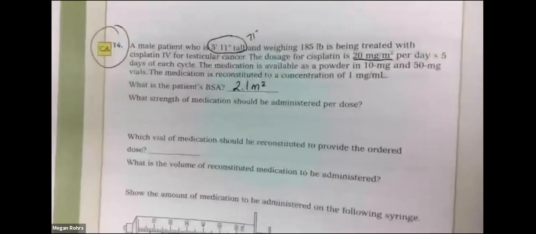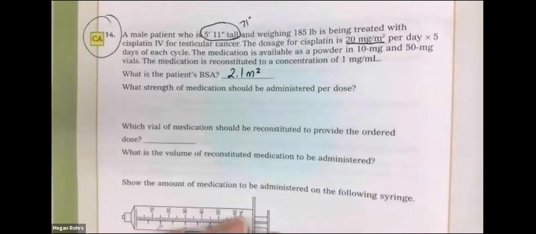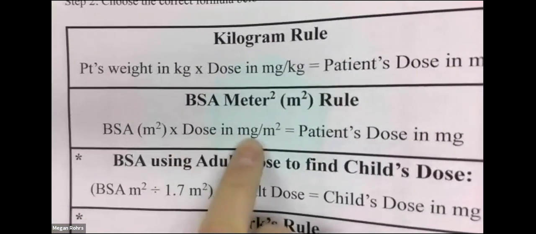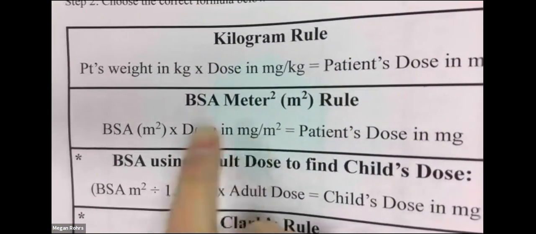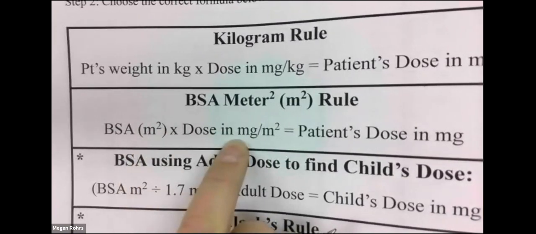Now, what strength of medication should be administered per dose? Well, remember, if I look at my rule here, I have their dose in milligrams per meter squared, and now I have their BSA. So I'm just going to multiply those two together.